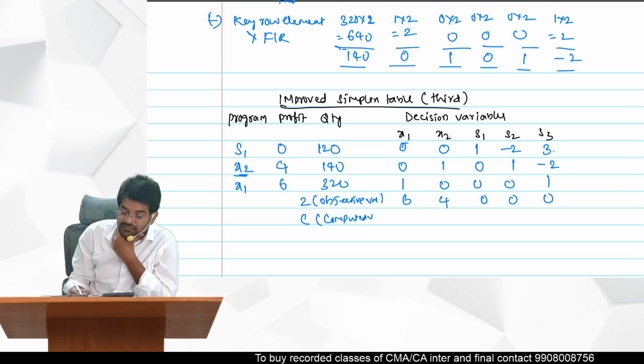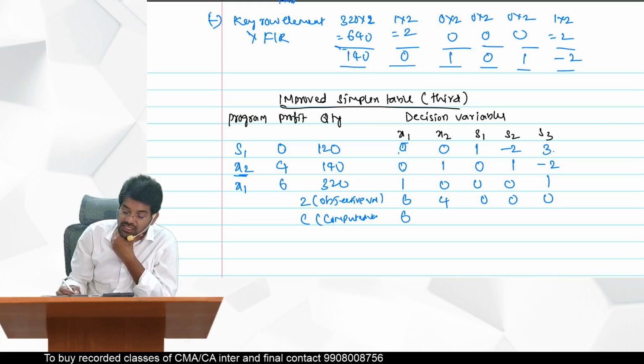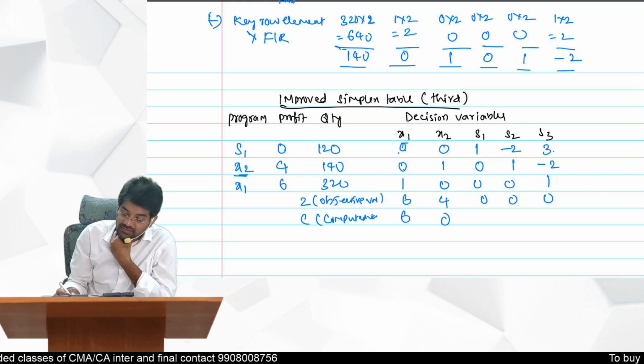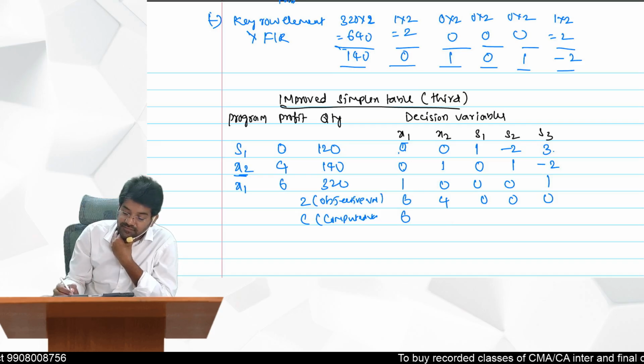Summation of profit per unit into variable coefficients: 0 into 0 plus 0 into 4, 1 into 6, 6. Then 0 into 0, 1 into 4, so 4 we are getting here.